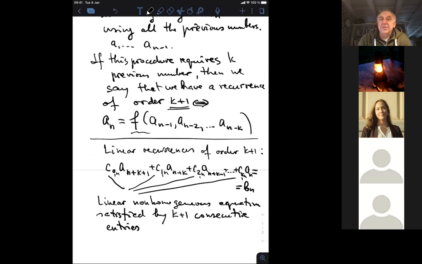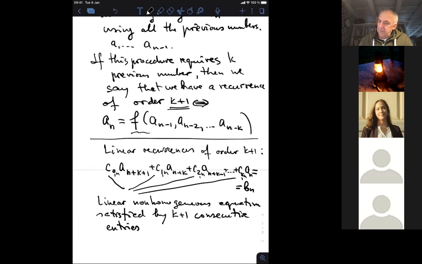The coefficients of such a recurrence can in principle depend on n also. But the situation is much better if at least the coefficients c are independent.